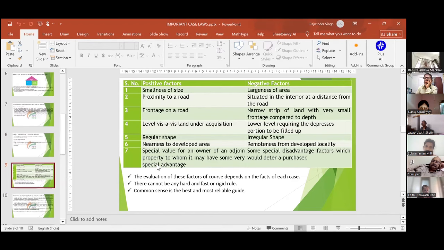Positive factors: if you are doing valuation of a property which is smaller in size compared to the comparables you have taken, it will be considered as a positive factor. If it is larger in size, it will be considered as a negative factor. And if it is nearer to the main road, it will be considered as a positive factor. If it is situated in the interior at a distance from the road, it will be considered as a negative factor. You have learned these factors in the sale comparison method.